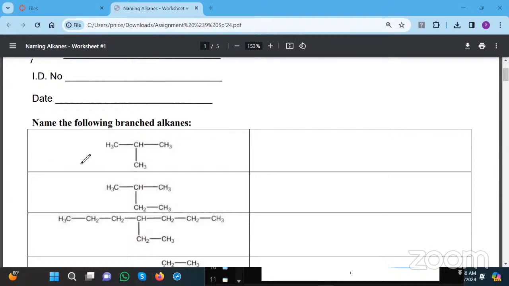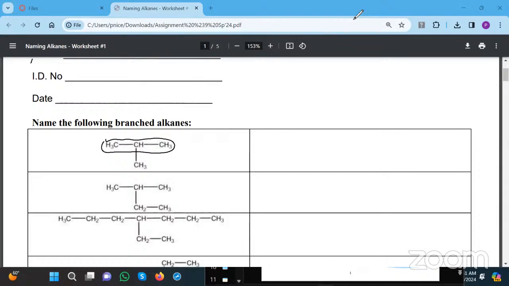How many carbons are in the longest chain in the first one? 3, right? So what would be the parent name? Those are the 3 carbons, right? Can anybody out there in Zoom tell me what the parent name is? Propane.